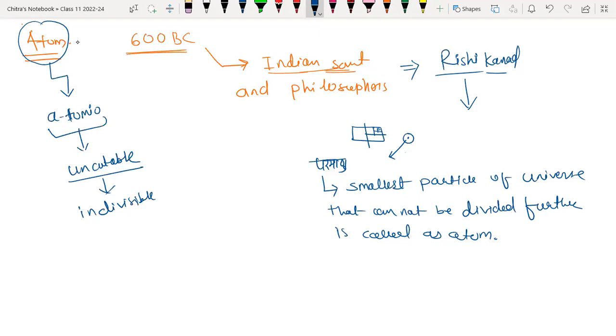Many scientists came and worked on that particular particle, the smallest one, which cannot be divided further, and they wrote their philosophy regarding that.